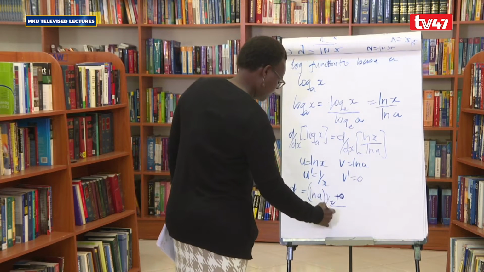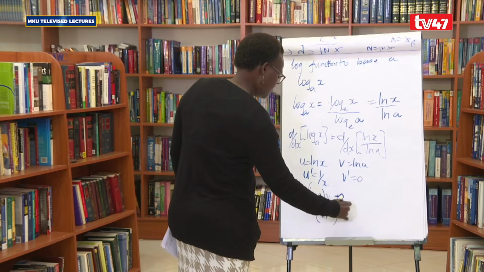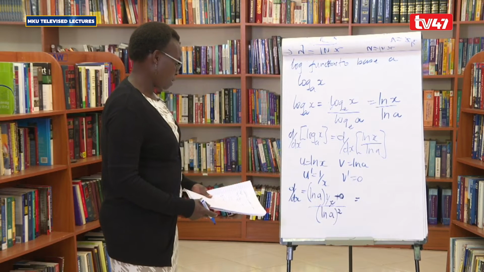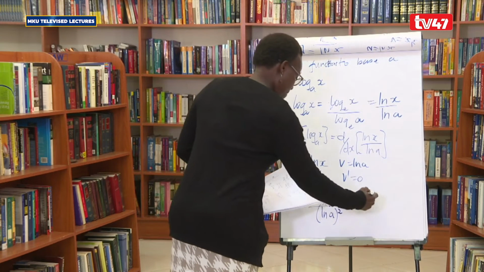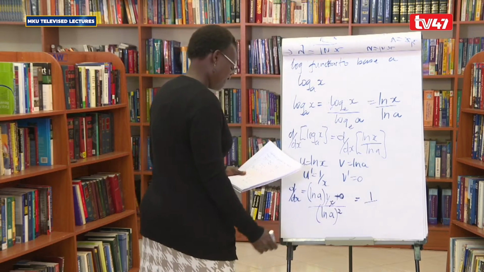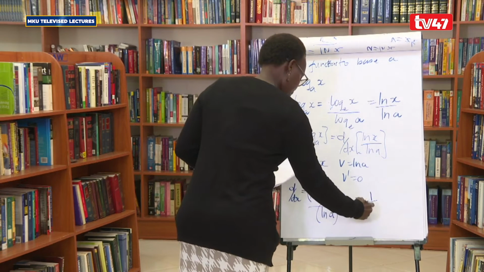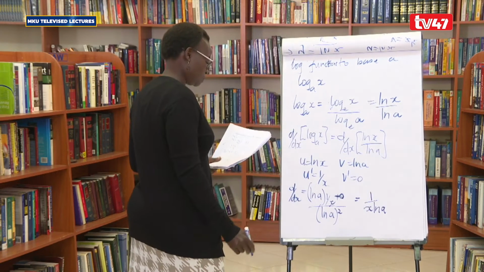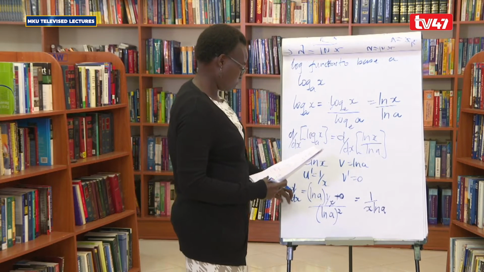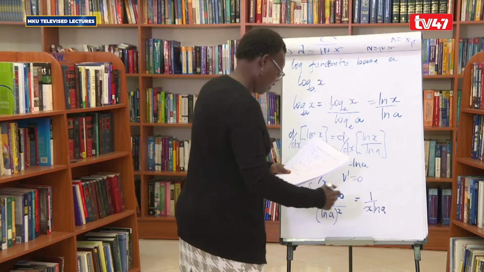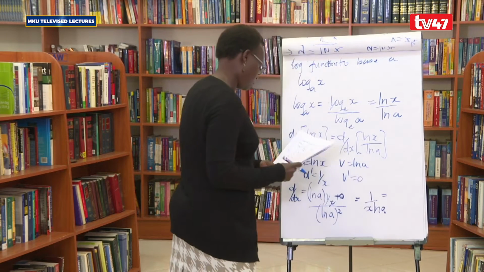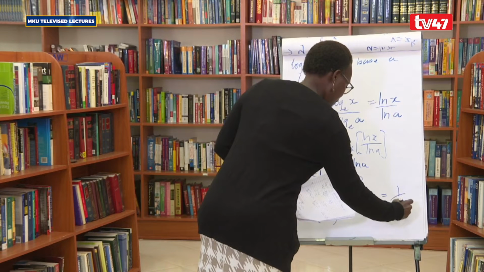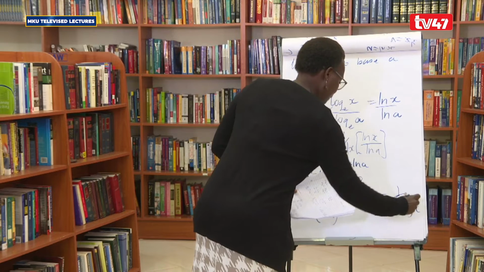V is ln a, and it is squared. So that implies that this will give us 1 over x ln a, which we can write as 1 over ln a x.